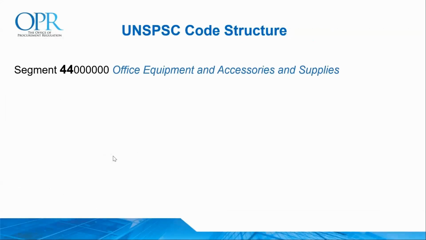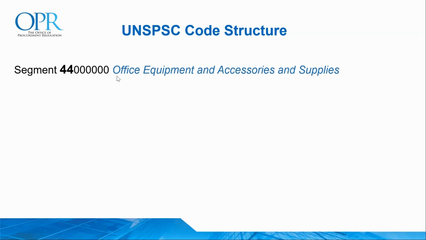Now we'll illustrate the use of this code via an example. An example we'll use here is how do we code a toner. A toner is something that most of us would be using in our organization. At the highest level for a toner, we will see this is categorized at the segment level beginning at 44, the office equipment and accessories and supplies.